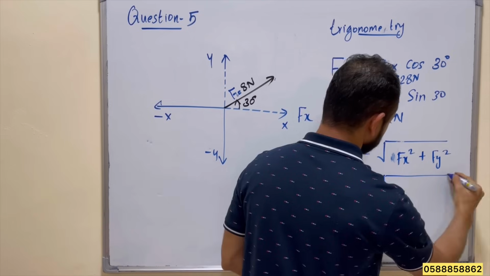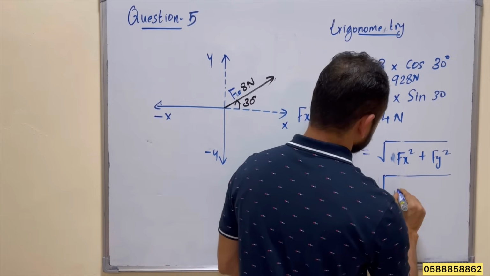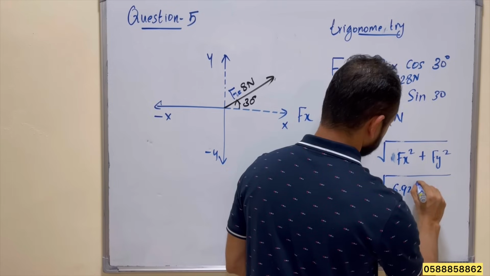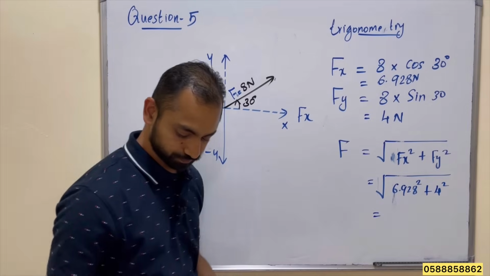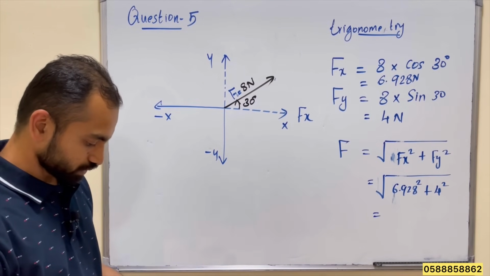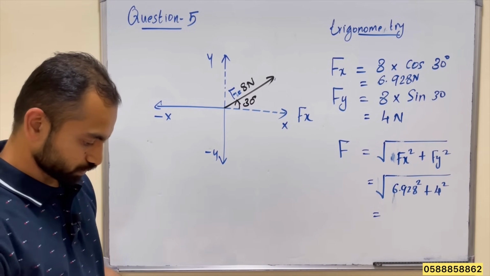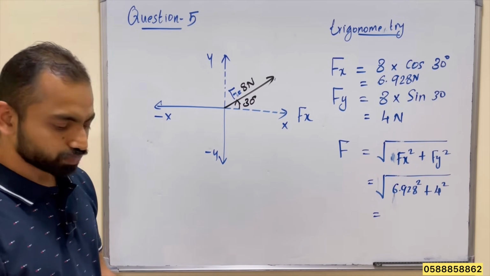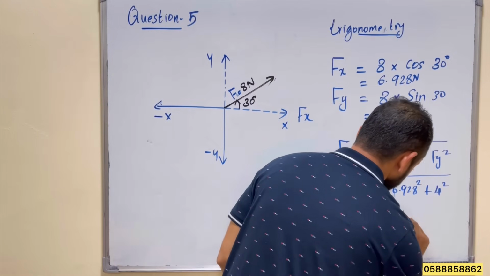Just checking whether our answer is correct or not. Fx is 6.928 squared plus Fy 4 squared, which equals 7.9999, like that. So it is 8 Newton.